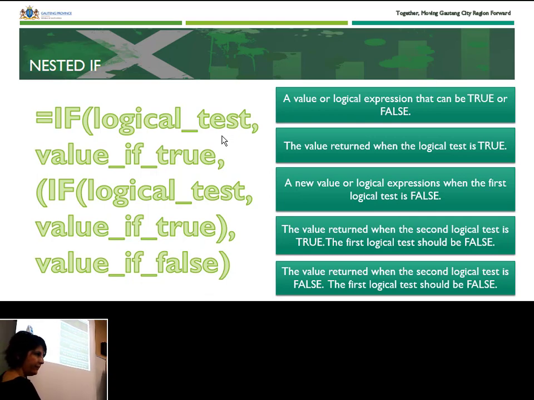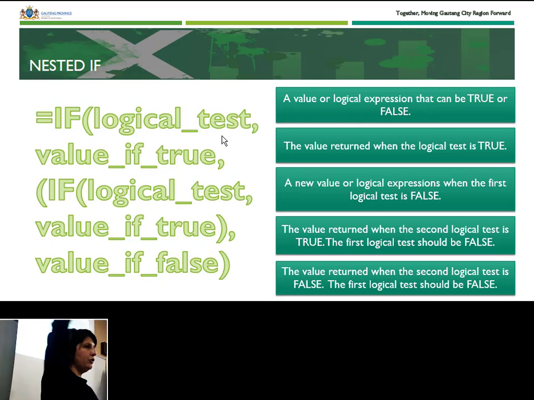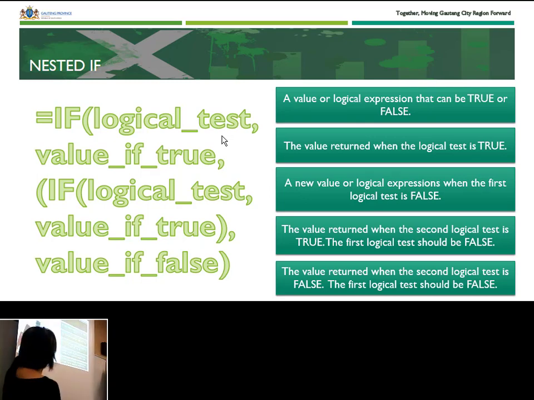Are we fine? What happens if it's false? Next test. Not yet. Because if it's false, it could be equal to. There are three options. It could be smaller than, equal to, or greater than. So if it's not greater than, it could be equal to or smaller than. So we need to do another test.